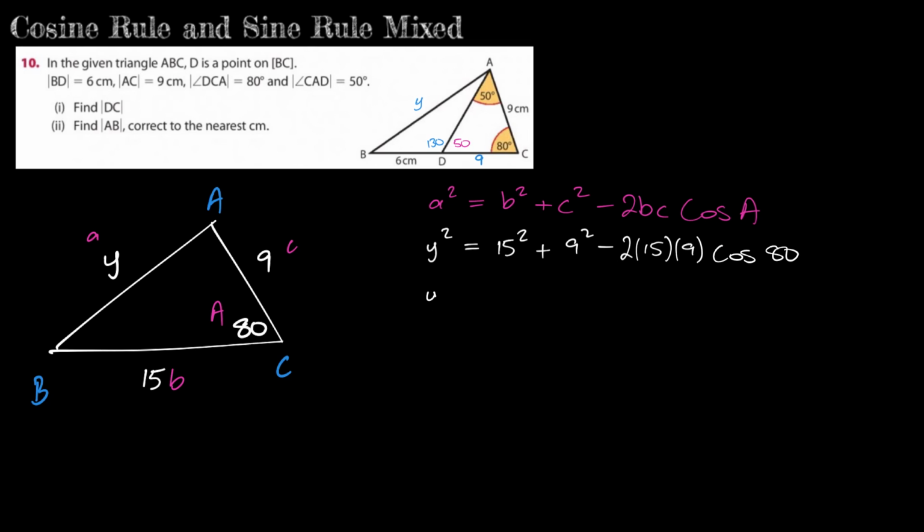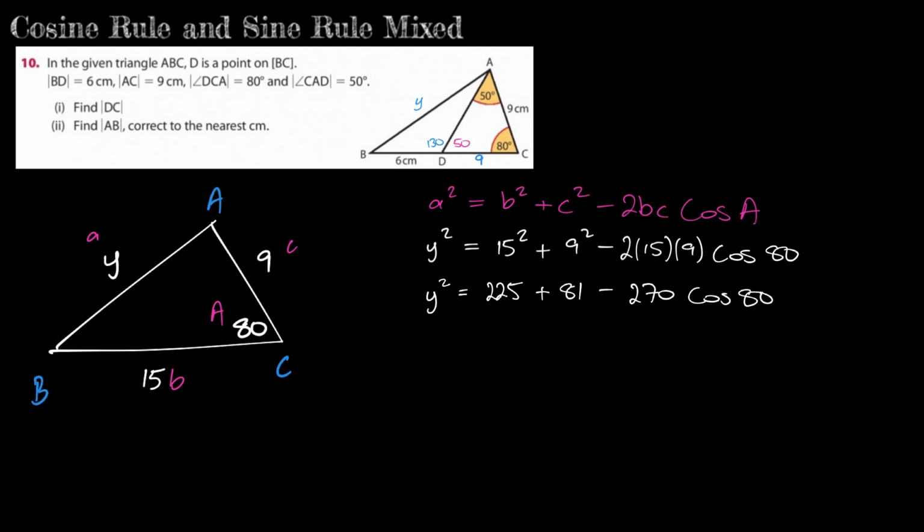Okay, so we should be able to work that out. y squared: 15 multiplied by 15 gives us 225, plus 81, minus 2 by 15 by 9 gives us 270 cos of 80.